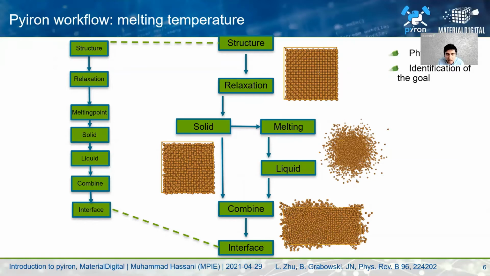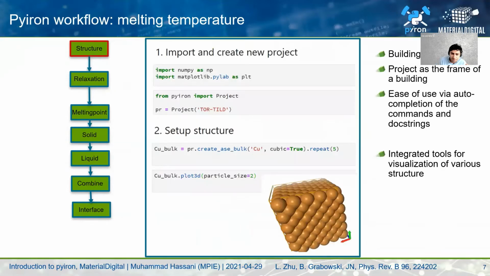To represent a simplified picture of the workflow, the structure of a solid which has been brought to a minimized energy is put in contact with a liquid sample of the same composition, and then by iterative adjustment of the temperature and analysis of the speed of the interface between these two phases, the melting temperature for a given composition is determined.